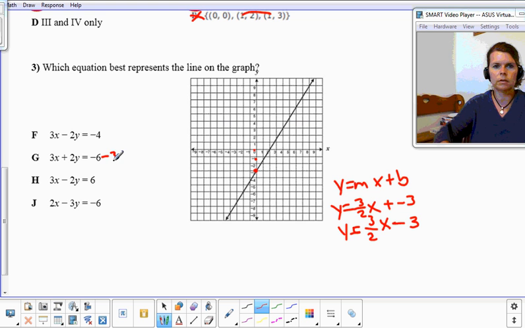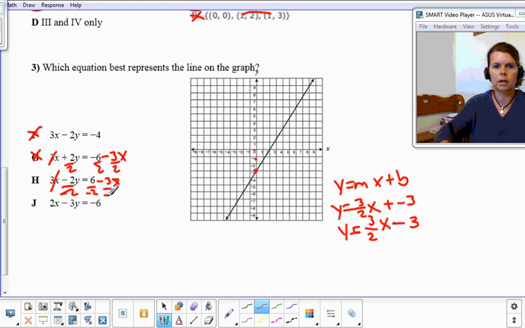Minus 3x to both sides because we're trying to get the y by itself. And then divide by 2. Well, this is going to be a negative 3/2 x. So I'm going to cross that one out. And this one, minus 3x to get the y by itself. Divide by negative 2. Well, 6 divided by negative 2 is negative 3.